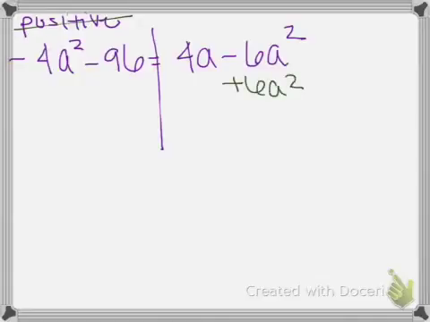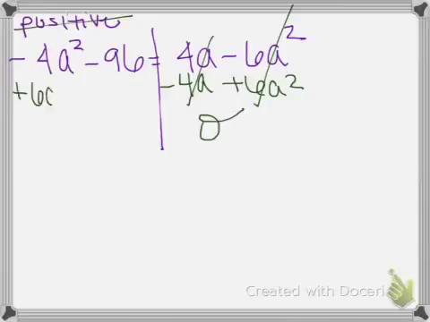To set equal to 0, we do our opposite signs beneath to show that they're canceling to get us 0. Since 6a^2 is the same as 4a^2, we can go ahead and do a positive 6a^2 underneath the negative 4a^2, and a negative 4a can squeeze in there as well.